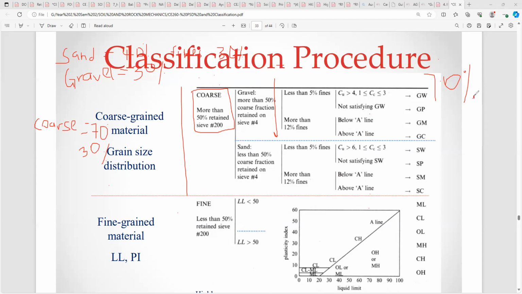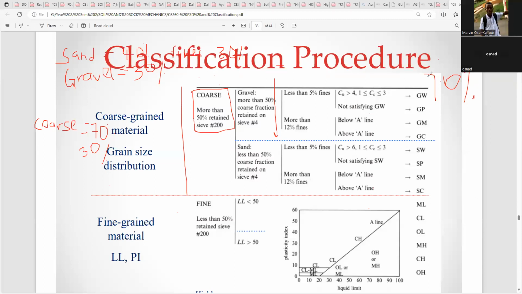If you have more than 50% of this coarse fraction, which is made of gravel and sand, retained on sieve number 4, then you go for gravel.